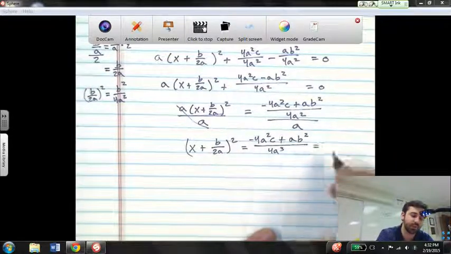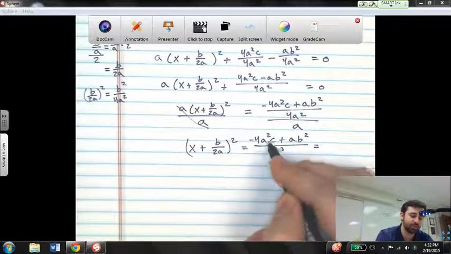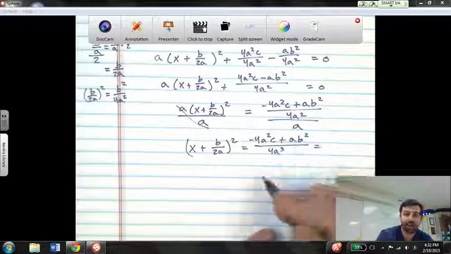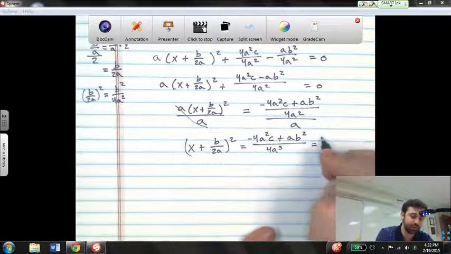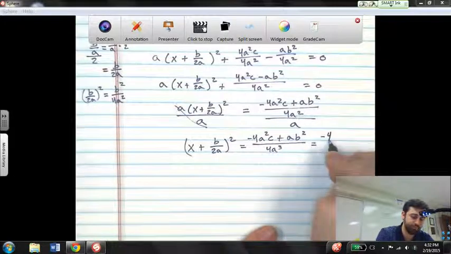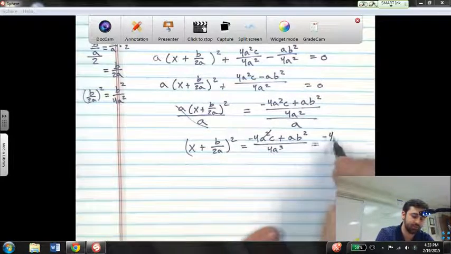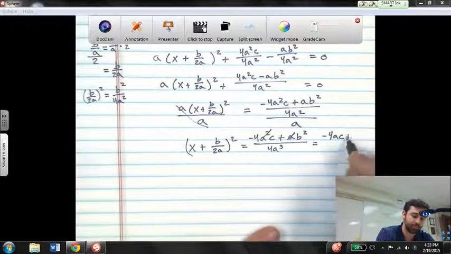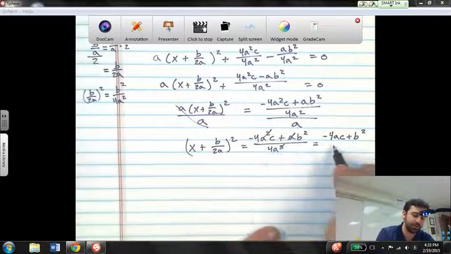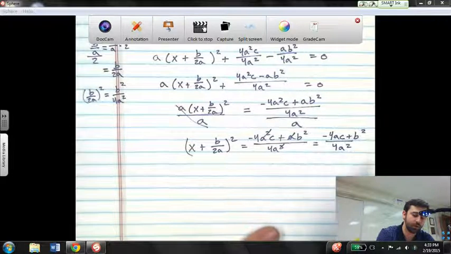When I do that, I'm going to simplify and factor an a out from each term, because that's the common variable that's shared, or coefficient. That would leave me with a times b squared minus 4ac, all over 4a squared.